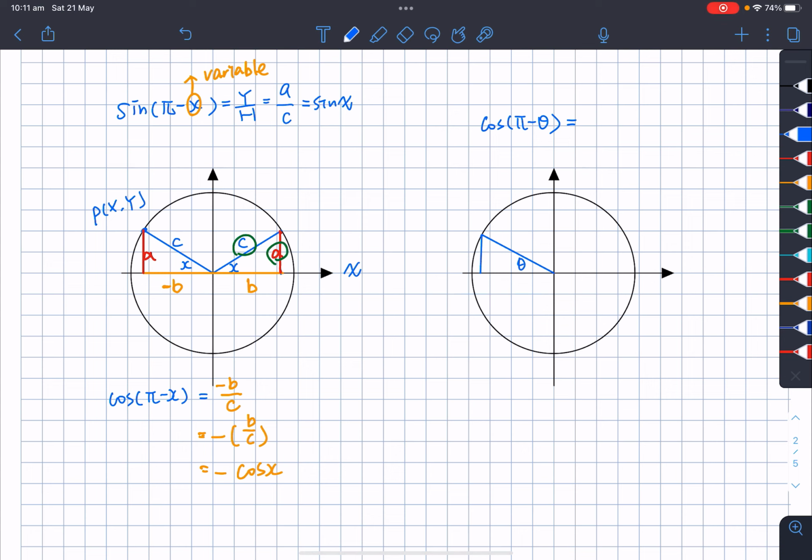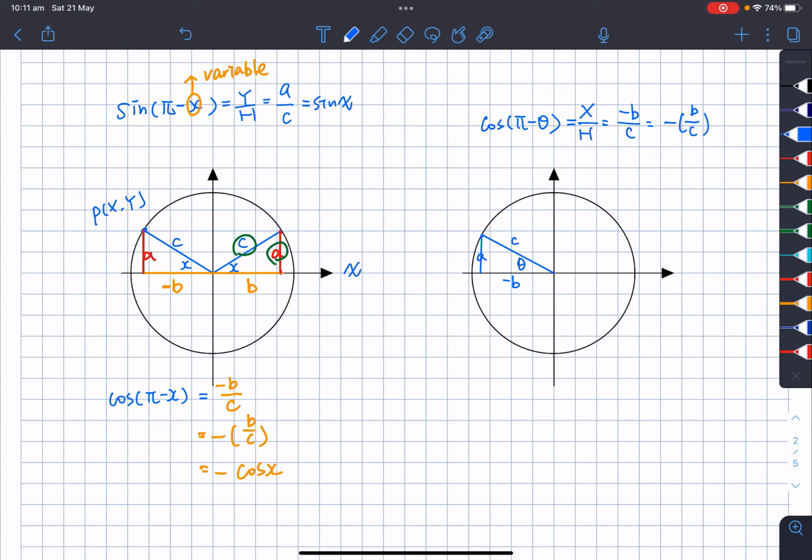So theta here, right? Pi minus theta, go back. So you define here is negative b, here is positive a, here is c. So cosine pi minus theta should be what? x over h. So equal to negative b over c, right?